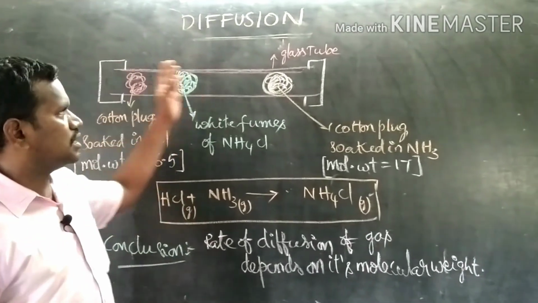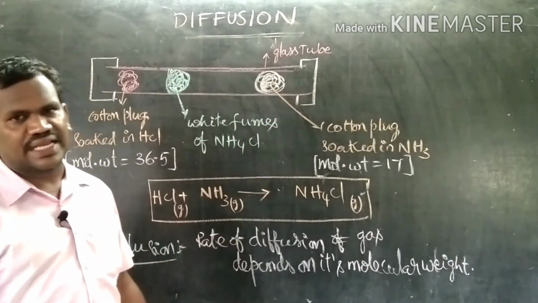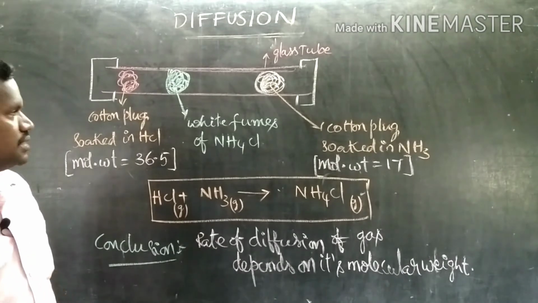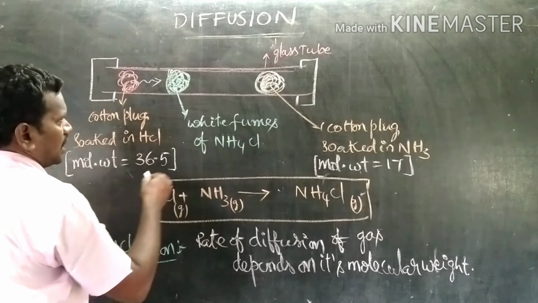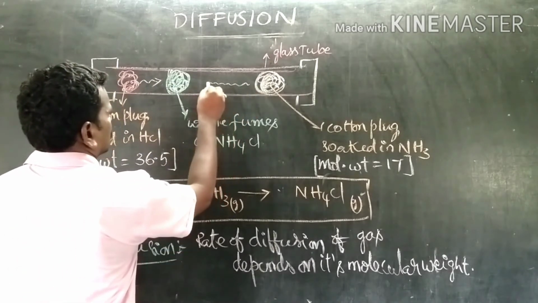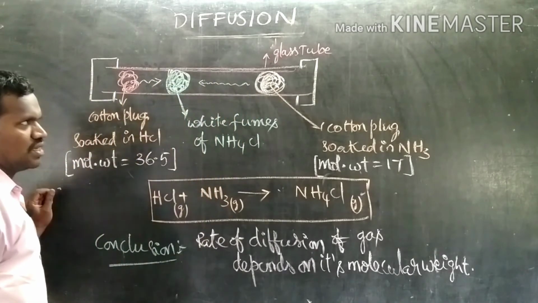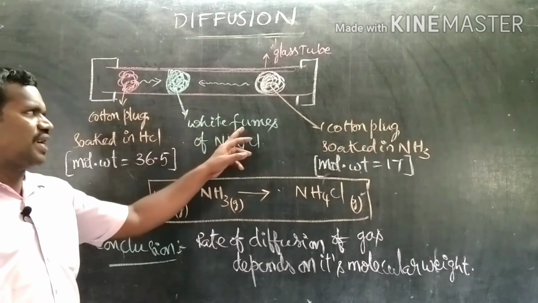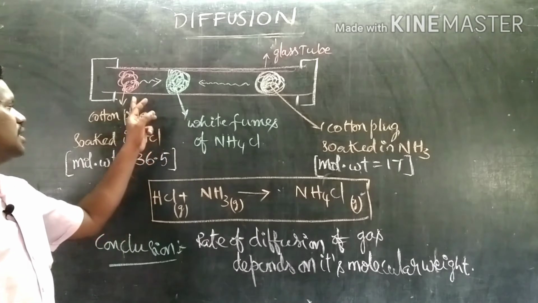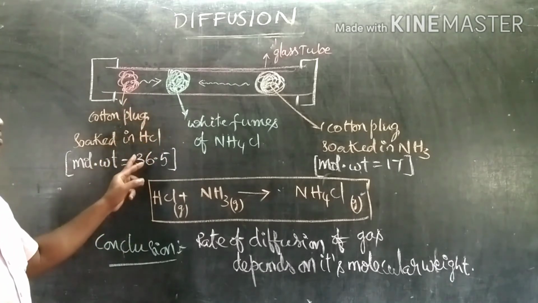Then both the ends are closed with rubber caps. Now what happens? The fumes start from HCl, and at the same time some of the fumes start from liquid ammonia.